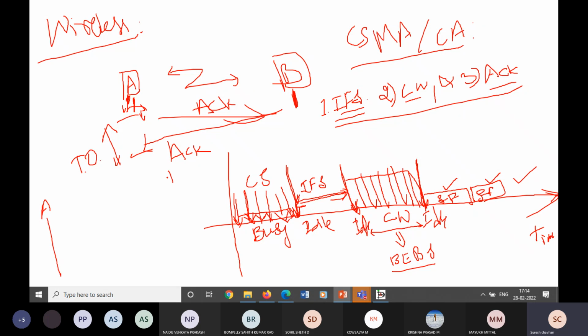Station A senses the channel, finds it idle, and sends at time T1. At time T2, station D senses the channel and finds it idle, because the signal transmitted by A has not yet reached D. So D presumes the channel is free, and it starts sending the frame. As a result, there is a collision here.